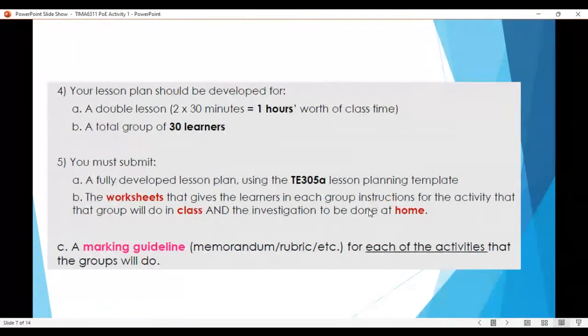All right, so they should do that at home on their own. And then you need to supply marking guidelines, rubrics, or memorandums for each of the activities that the groups will do. So this is A, B, and C. Okay. Lesson plan, all the activities, the investigation, and the memos.